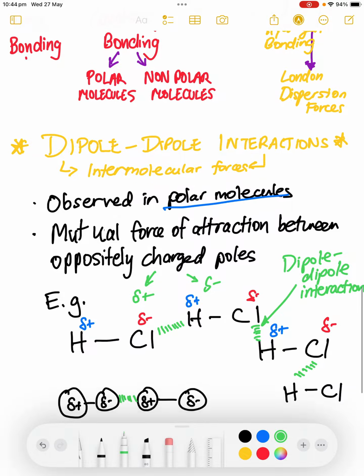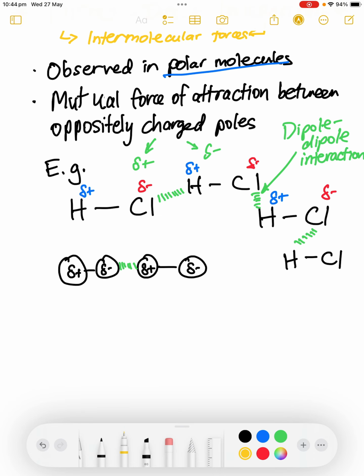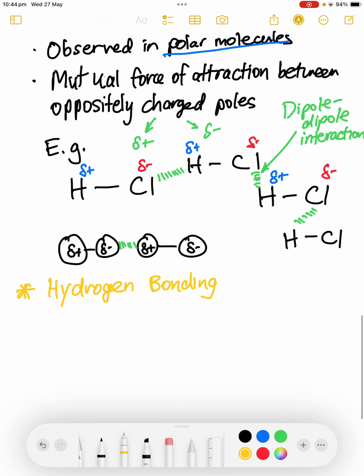All right, going on, that's dipole-dipole interactions. Hydrogen bonding is very similar, which we'll go through next. All right, hydrogen bonding. And looking at this, I'm just going to go through this one next.